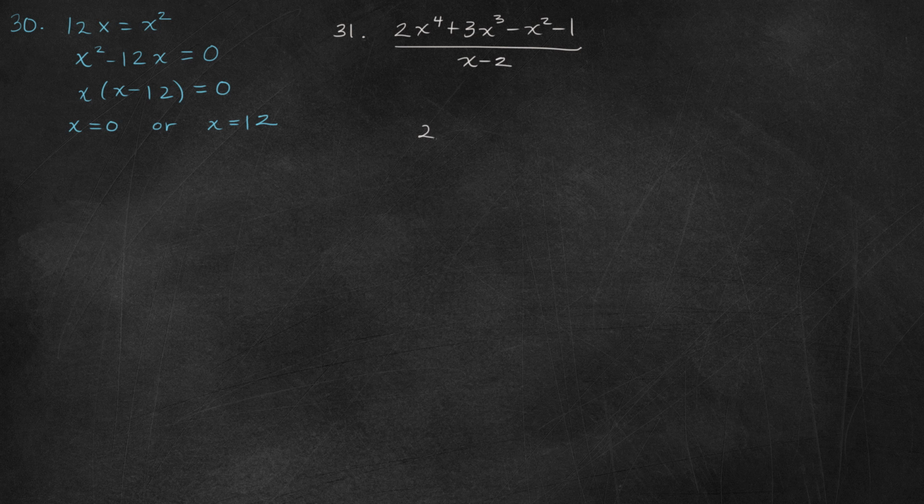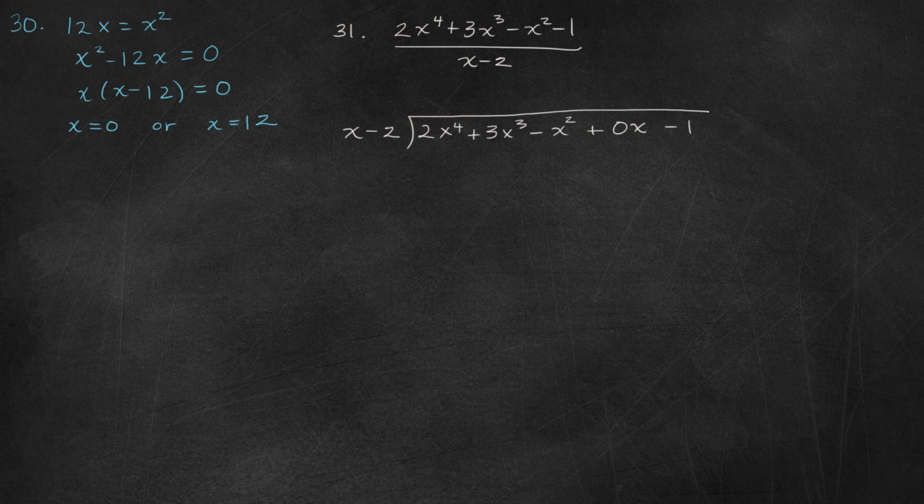So we set it up as 2x to the 4th plus 3x cubed minus x squared. You might want to put a placeholder term for the linear term. It's not absolutely necessary, but it'll help you keep your work organized. We are dividing that by x minus 2.